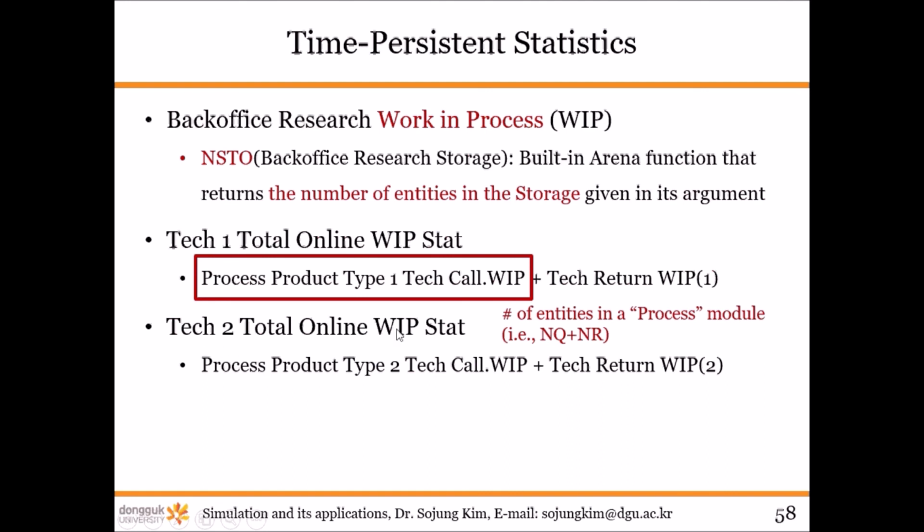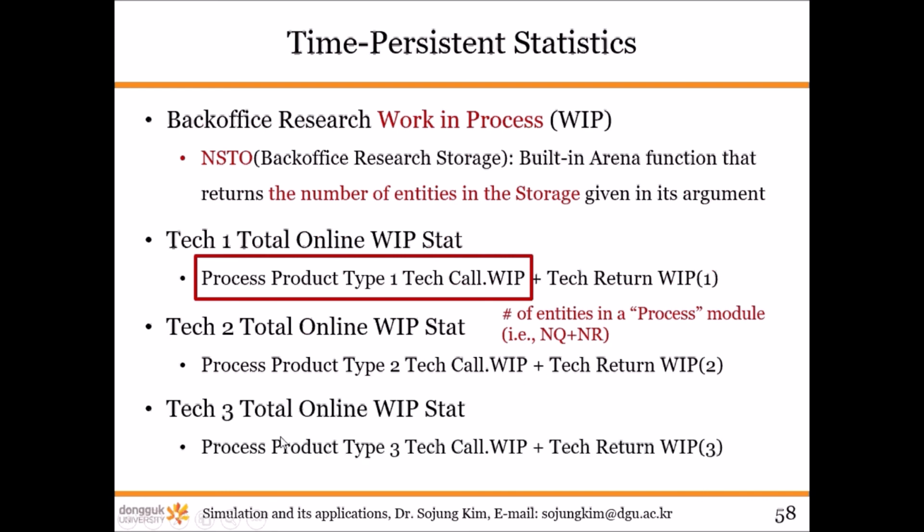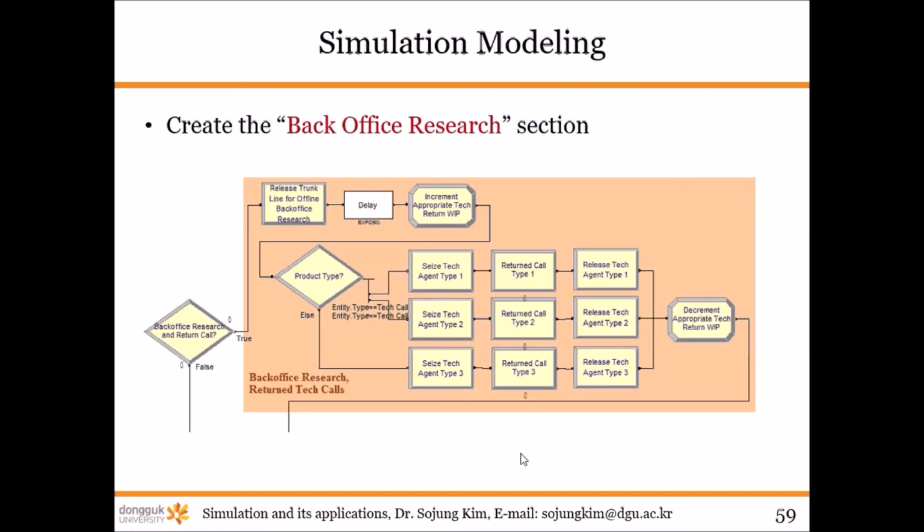Tag 2 total online WIP stat will use this expression, and tag 3 total online WIP stat will use this expression. Got it? So you can create the back office research section like this. And since I will provide the tutorial, you can follow the tutorial to update the previous model.